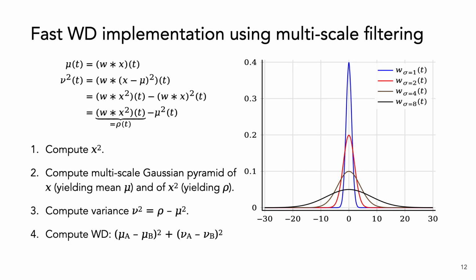The fast implementation is based on the idea that local statistics with pooling region sizes of powers of 2 can be computed with the help of multi-scale filtering. We can obtain local estimates of the first and second raw moments by building a Gaussian pyramid on both the feature value and the square of the feature value.